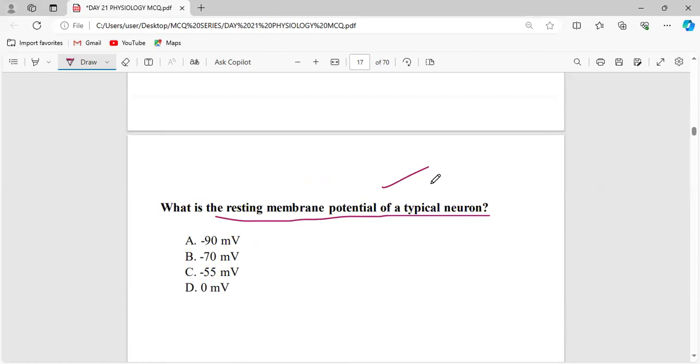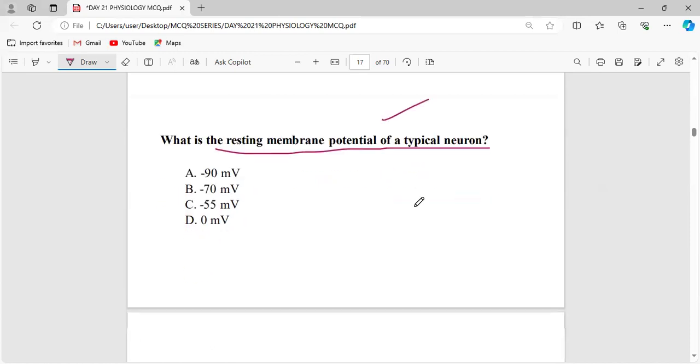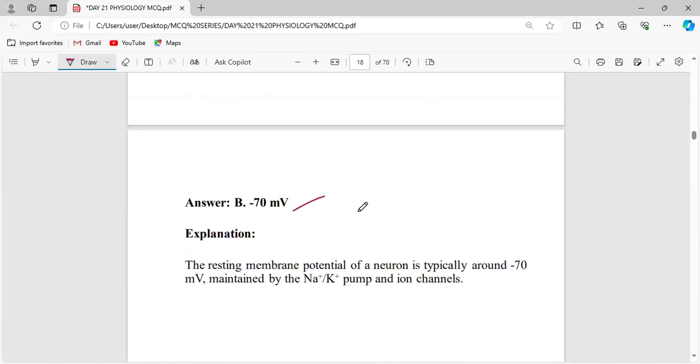Now, what is the resting membrane potential of a typical neuron? Minus 70 millivolts.